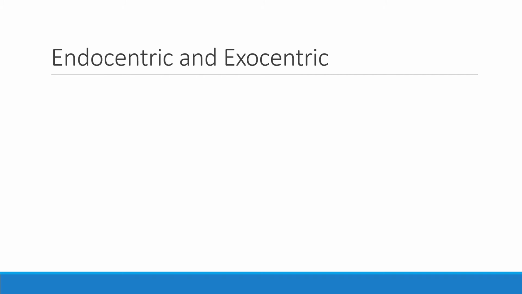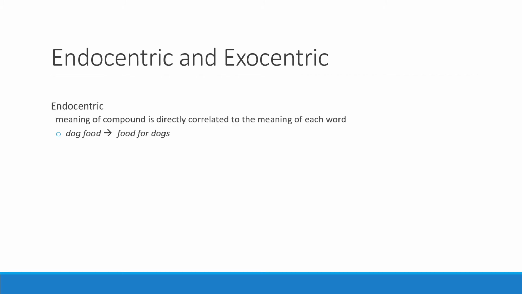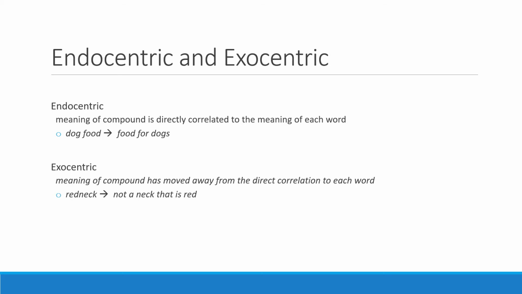So there are endocentric and exocentric compound words. Endocentric compound words are where the meaning of the compound is directly correlated to the meaning of each word. So dog food, for example, is actually food for dogs, right? But there are some that are exocentric.